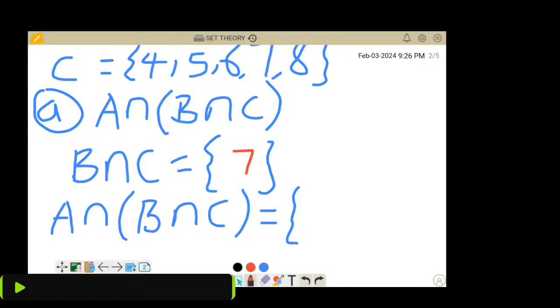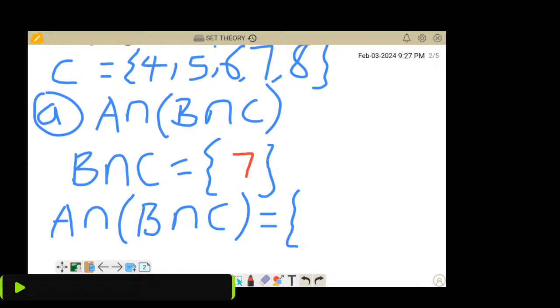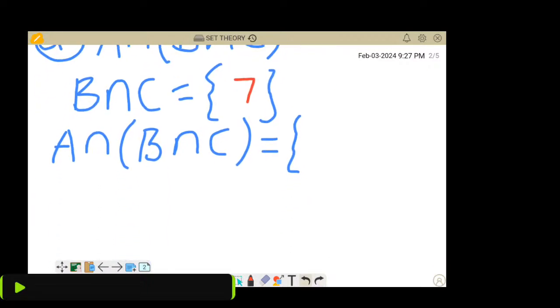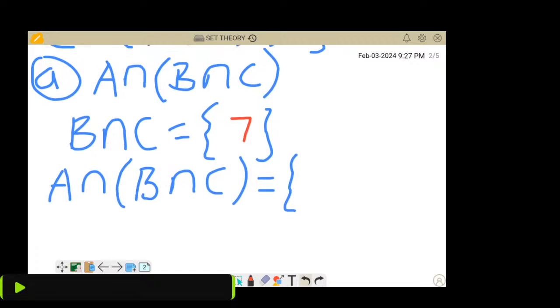Okay, now let's check what A has for us. A is a set of 2, 4, 6, 8. So what does this have in common with B intersection C? Now A and C, they have nothing in common, no element.